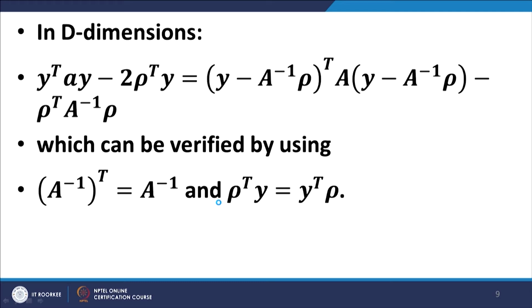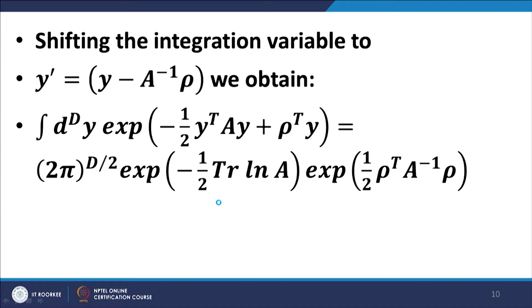This is absolutely the same as we did in the one dimensional case when we completed a perfect square and took out a term which was independent of integration and took it outside the integral. That is precisely what is done here. And now what we do is simple substitution. We substitute y dash equal to y minus a inverse rho.